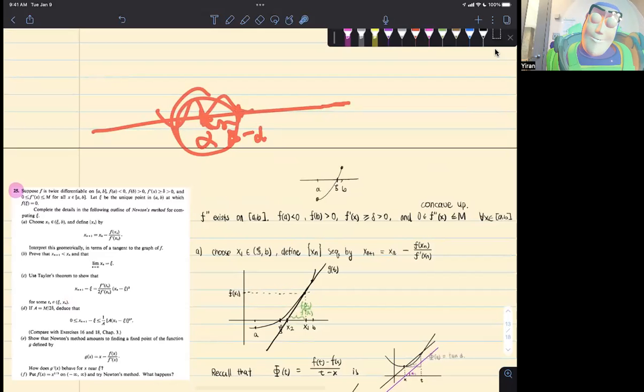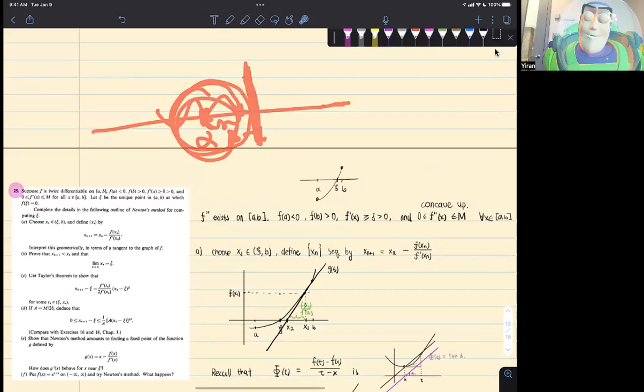So you are actually expanding your polynomial in the center of alpha, and then the edge of your expansion is at beta.